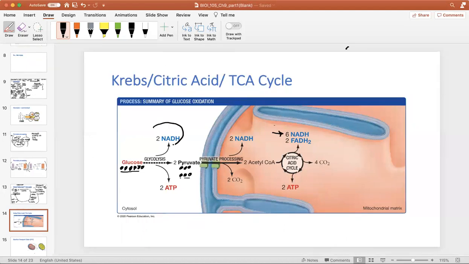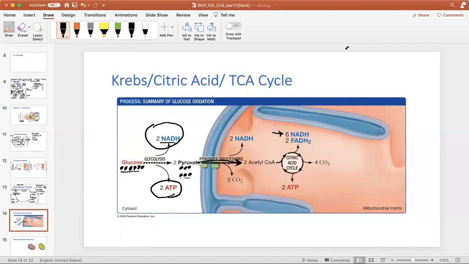It's going to generate 2 high-energy electron carriers in the form of NADH, and it's going to generate 2 ATP for us. All right? Then these 3 carbon molecules, these pyruvates, are going to get shuttled into the mitochondria, okay?